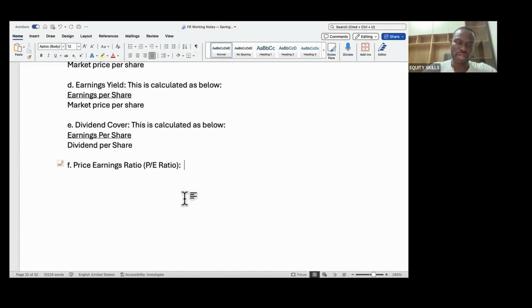So the P/E ratio looks at the confidence of the market in a company, or the valuation that the market places on a company. For those of you that are doing FM, when they are teaching you business valuation, one of the bases for valuing a business is the P/E ratio. You can use it to get the value of a company. So how do you then compute it? This is calculated as below.